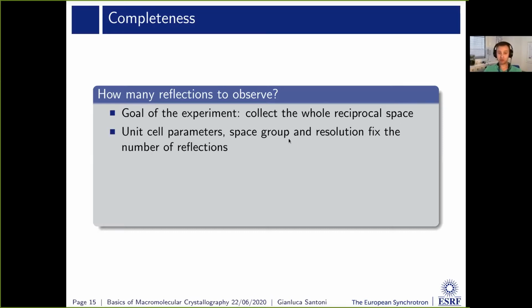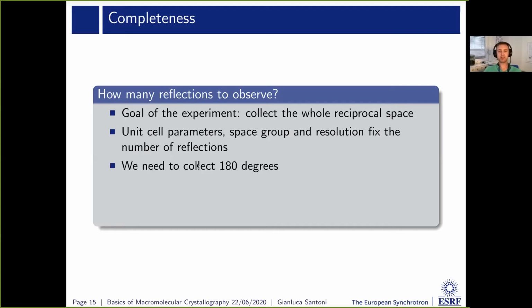So we can collect the whole reciprocal space possible in our conditions. How many reflections we can observe is actually fixed by a few parameters: the unit cell parameter, the possible resolution of the crystal, or the resolution at which we fix the detector, and the space group will determine how many reflections we can observe from this crystal without doing anything.